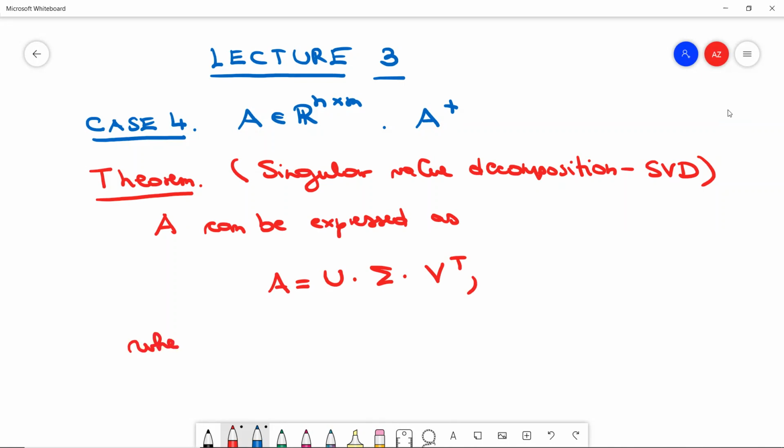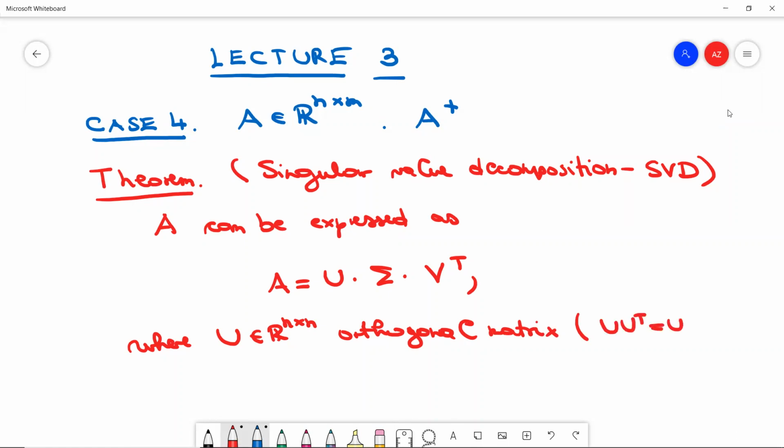where U is an n times n orthogonal matrix. So if you recall what an orthogonal matrix is, one of the characterizations of orthogonal matrices is that U transpose U is equal to identity.